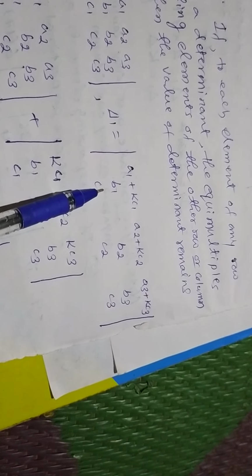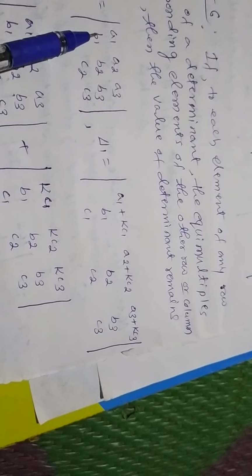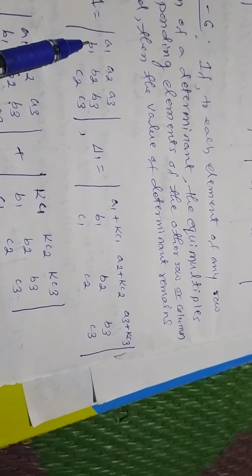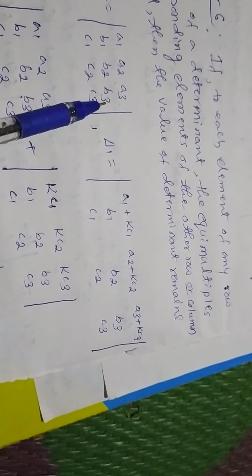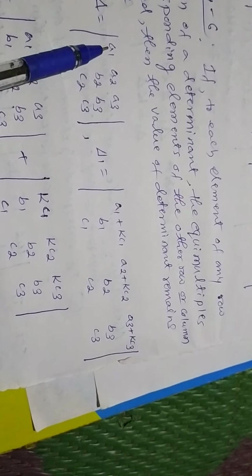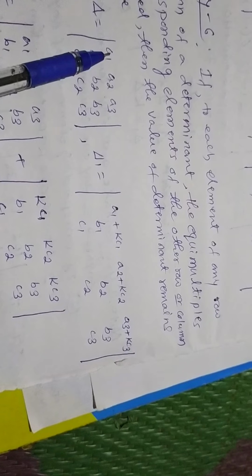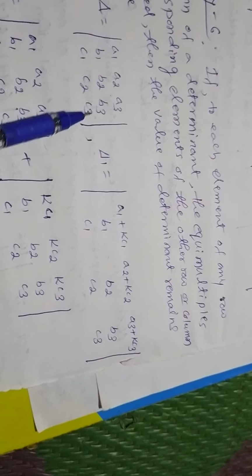and the remaining two rows are the same as they are. Here also you can multiply k with R2, meaning k b1, k b2, k b3. You can add those constant multiples of all the elements of the second row to R1 or R3, or also c1 c2 c3, whatever it is.